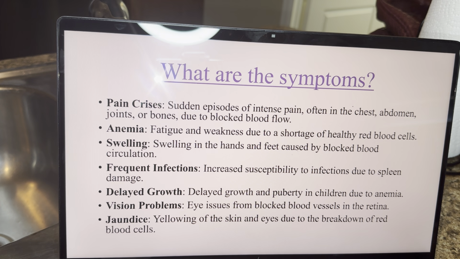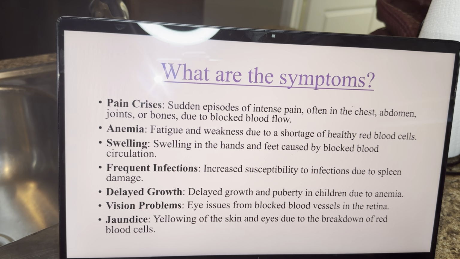The patients can also deal with swelling in their hands and their feet pretty badly, and this is again caused by blocked blood circulation. Interestingly enough, children can also have delayed growth and delayed puberty because of the anemia.